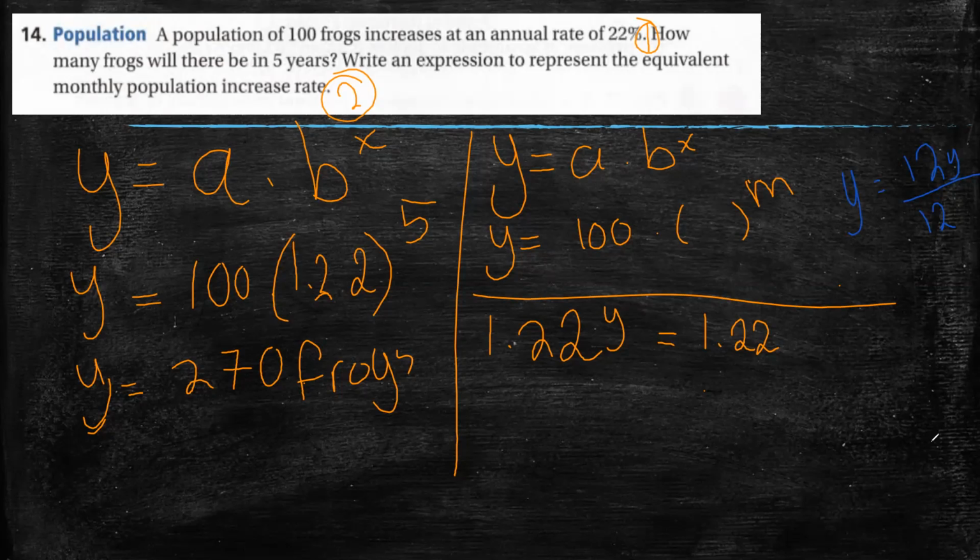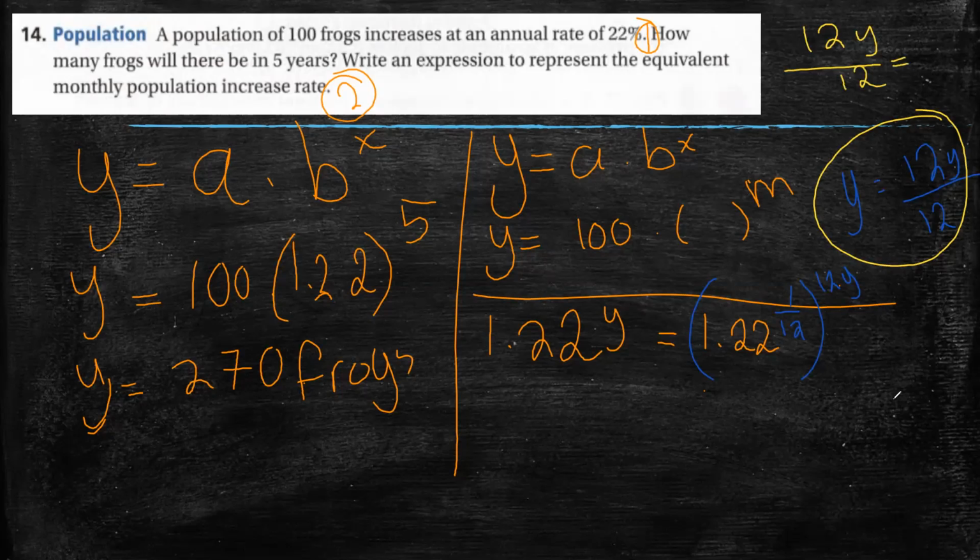So I can now write y as 1 over 12 times 12y. Like here, look: y equals 12y over 12.